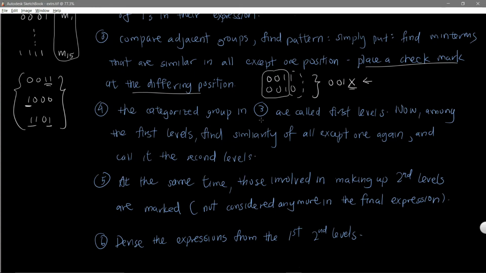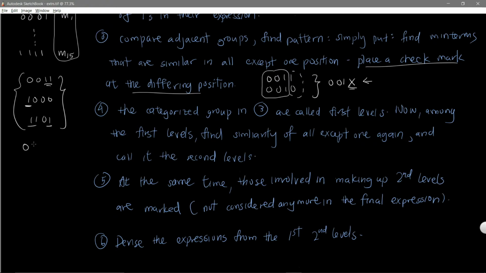The categorized groups in the third step are called the first levels. Among the first levels, using the same rule as in the third step, you can find all similar positions except one, and then you can group them and call them second levels.